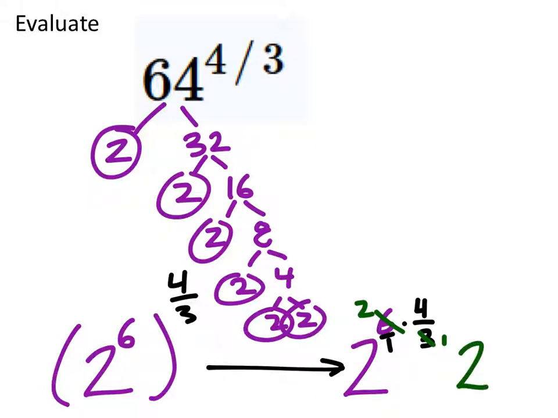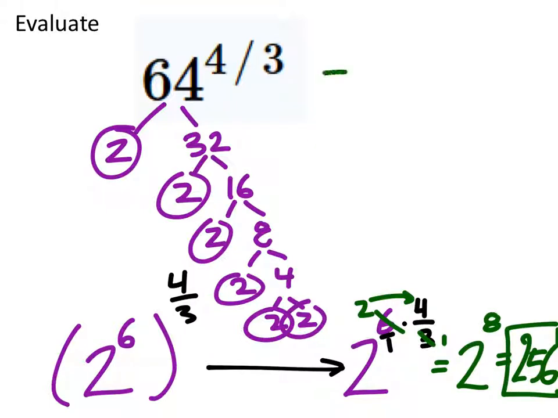So I end up with 2 to the power of, well, 2 times 4 is 8. And 2 to the power of 8, 64, 128, 256. So it looks like this equals 256.